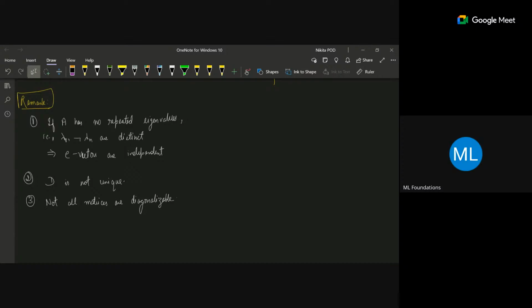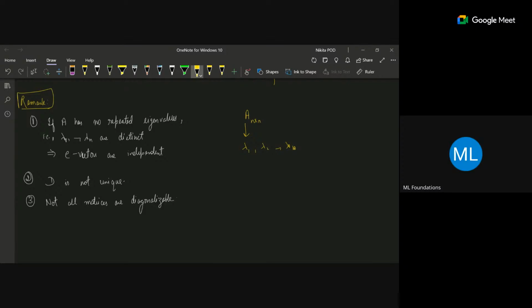If you have a matrix A that is n cross n, the distinct eigenvalues would be lambda 1, lambda 2 up to lambda n, and if all of these are distinct, then the eigenvectors are independent.